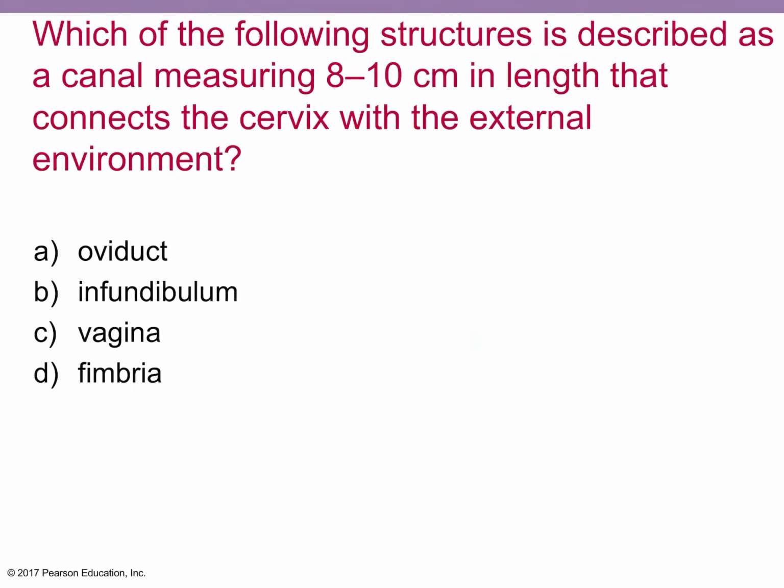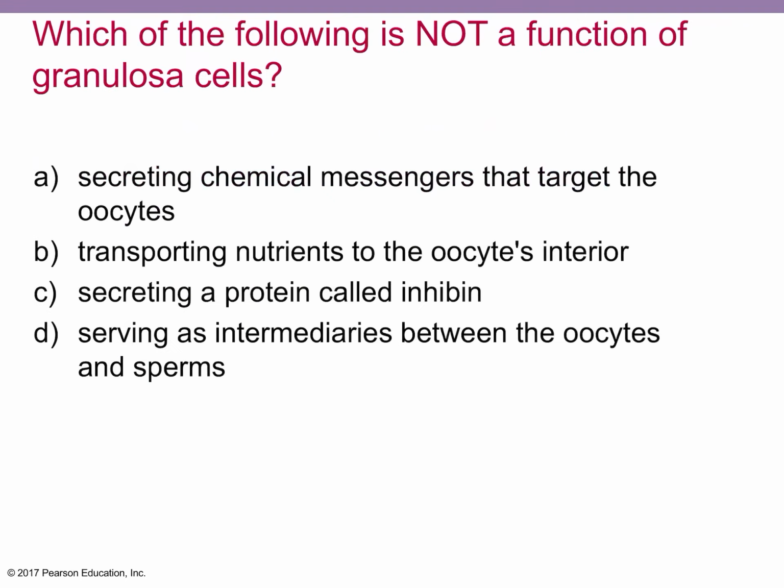Some wrap-up questions to think about. So which of the following structures is described as a canal measuring 8 to 10 centimeters in length that connects the cervix with the external environment? The answer is vagina. Which of the following is not a function of the granulosa cells? So you can pause it to think about it.